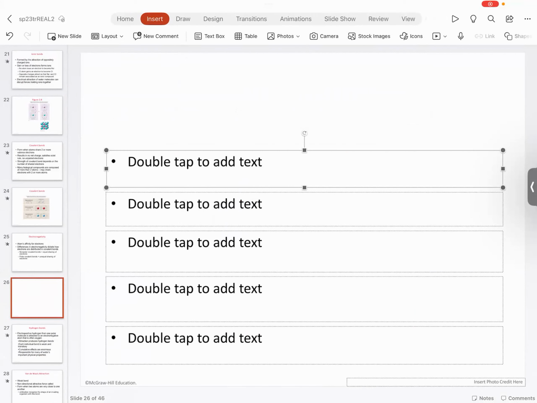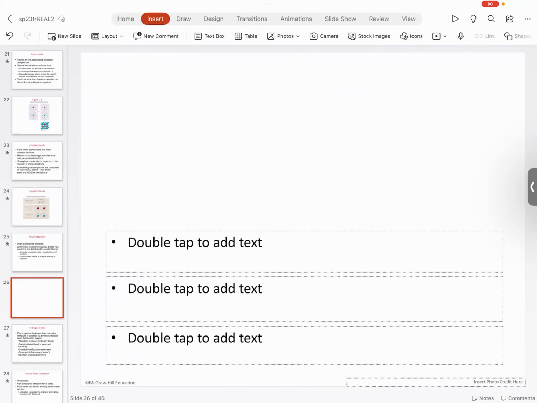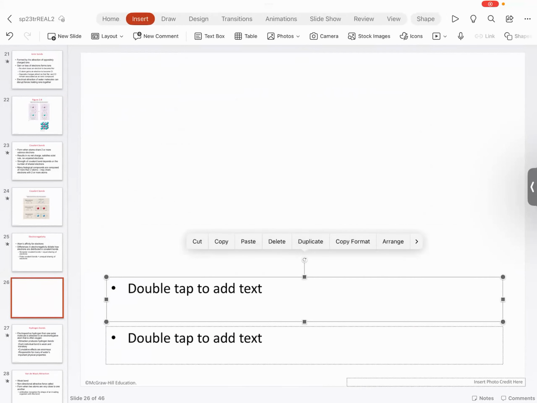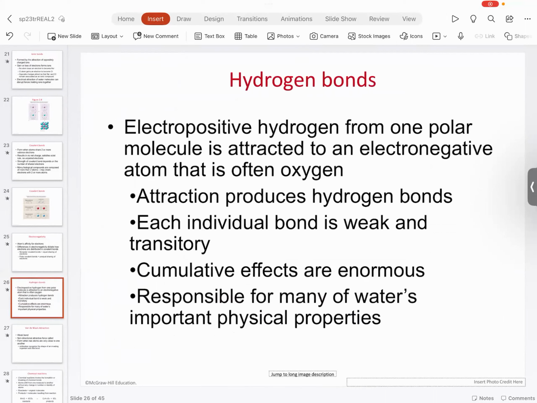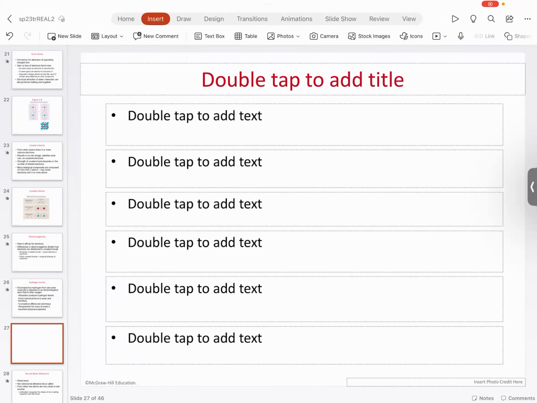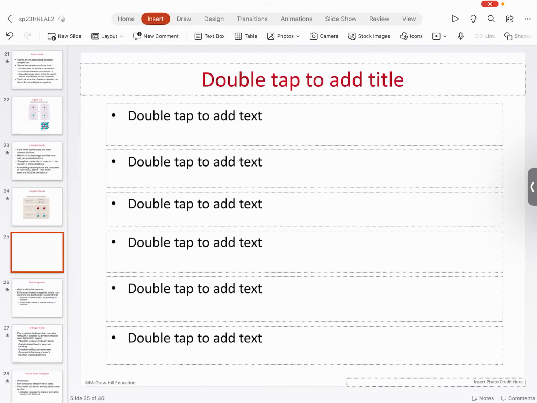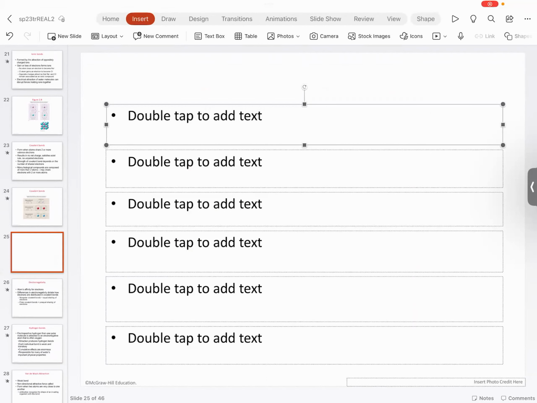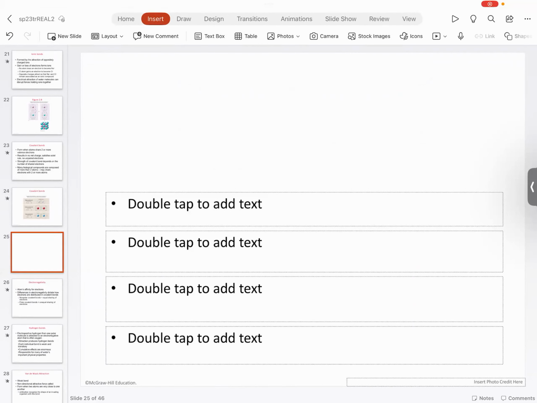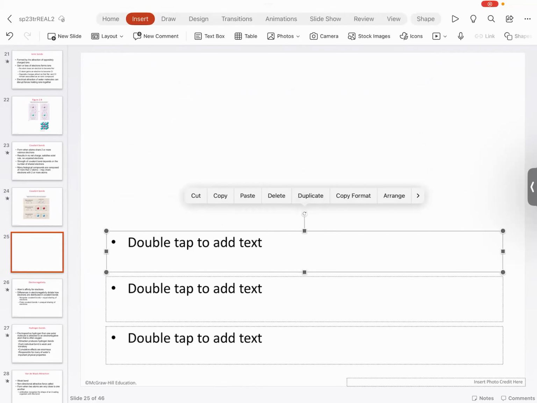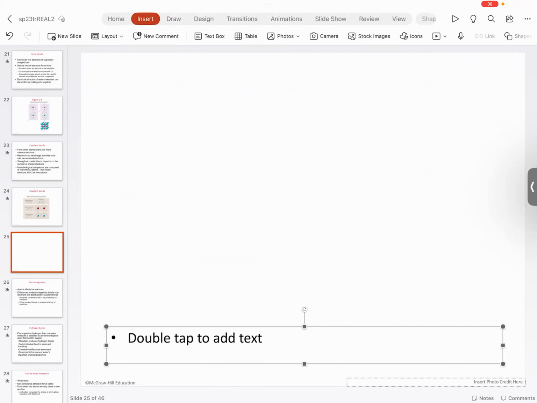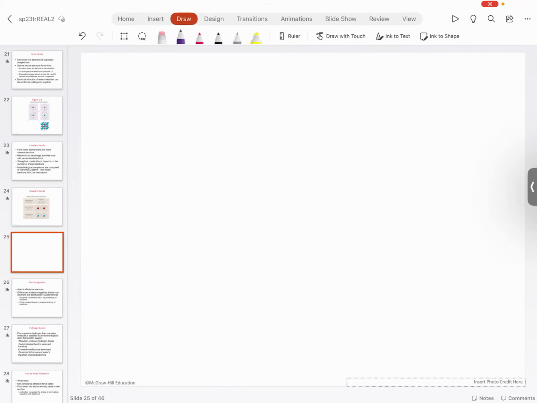We're going to take a look at chemical bonds.